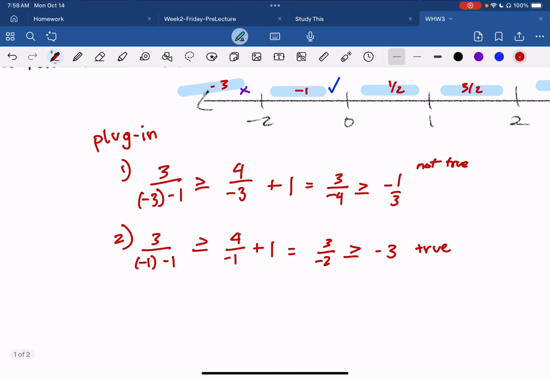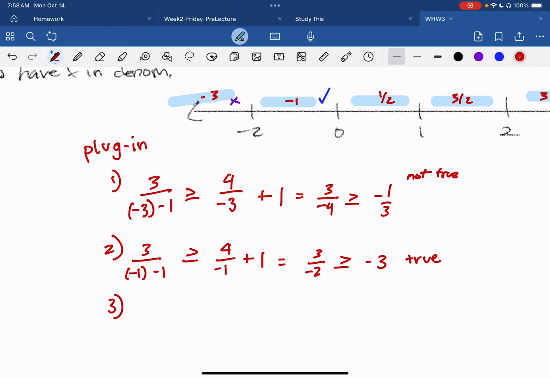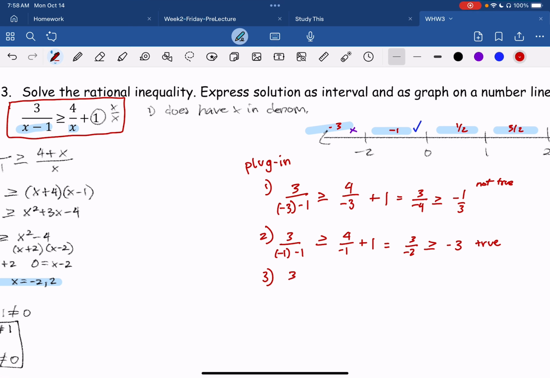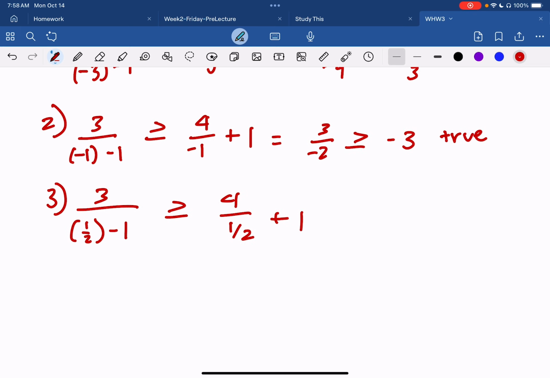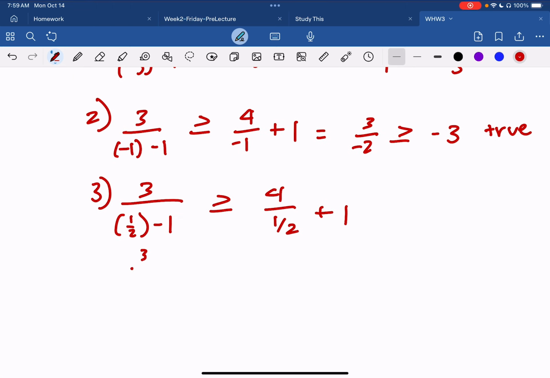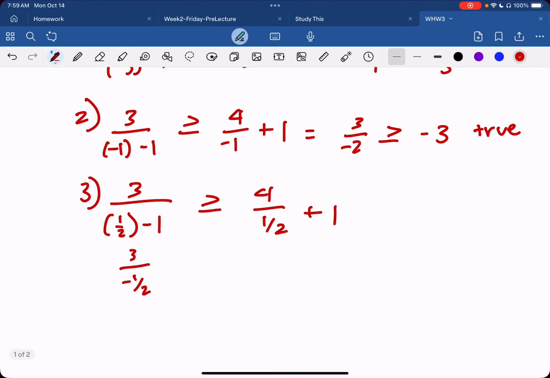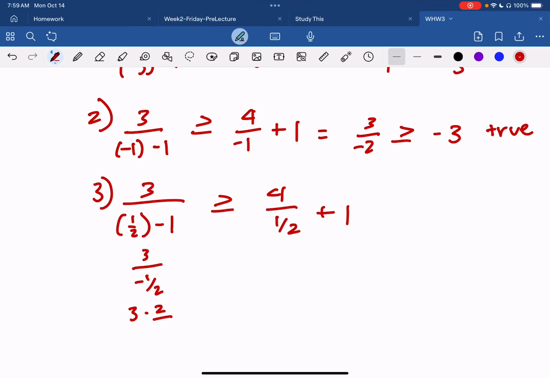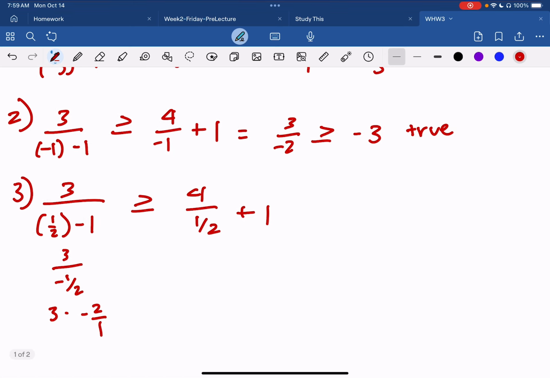Okay. Number 3, I plug in 1/2. This one's a little harder, but it's still the easiest fraction you could plug in. So this is 3 over 1/2 minus 1. When you do that, you basically do 3 times -2 because you multiply by the reciprocal.